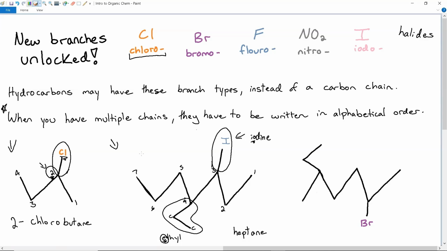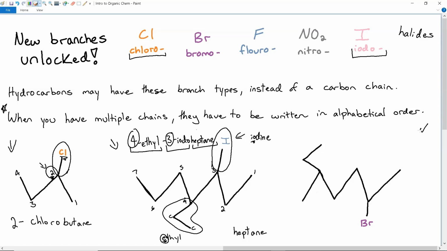E comes before I, so I'm actually going to write 4 ethyl, 3 iodo, because that's our naming for iodine, heptane. So heptane is my main chain, and then I have my 2 branches in alphabetical order with their placement on the main chain.